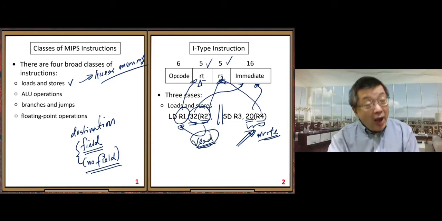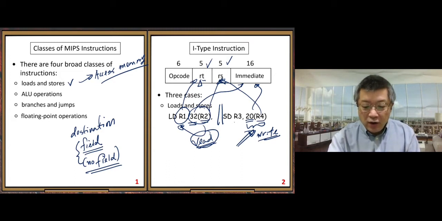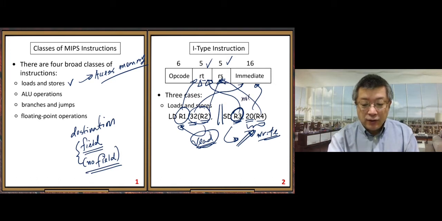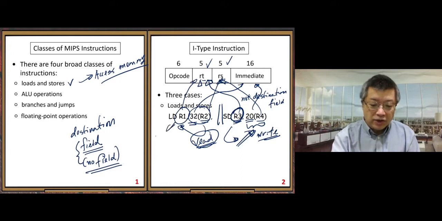But what data do you write? The data comes from the R3 field. R3 corresponds to RT. This time R3 is not the destination field. The first one is the destination field.